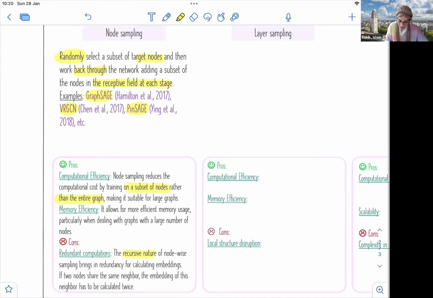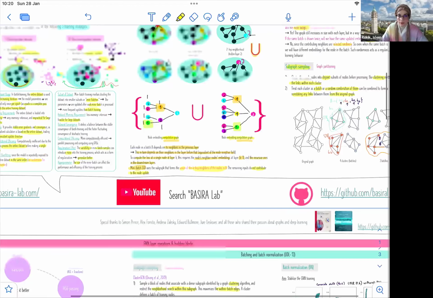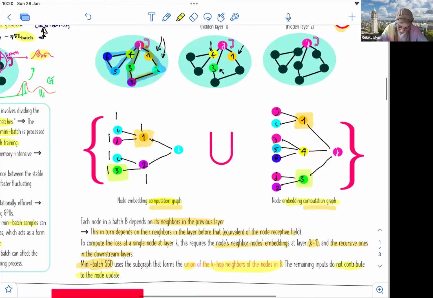Because of the recursive nature of node-wise sampling, there is redundancy in calculating the embeddings. If two nodes share the same neighbor, the embedding of this neighbor has to be calculated twice. We have seen this right here, the orange and the green. Now let's go back.